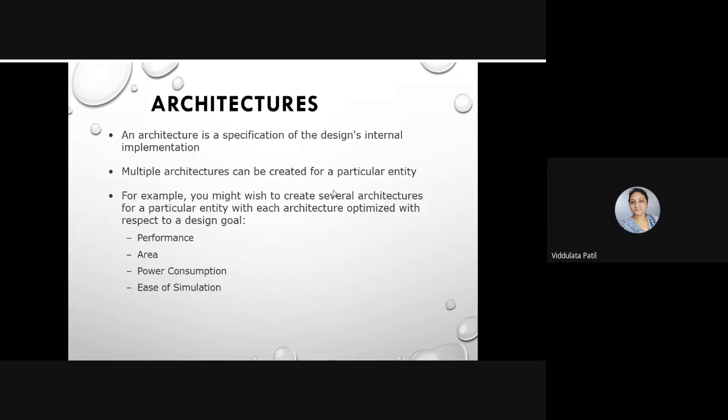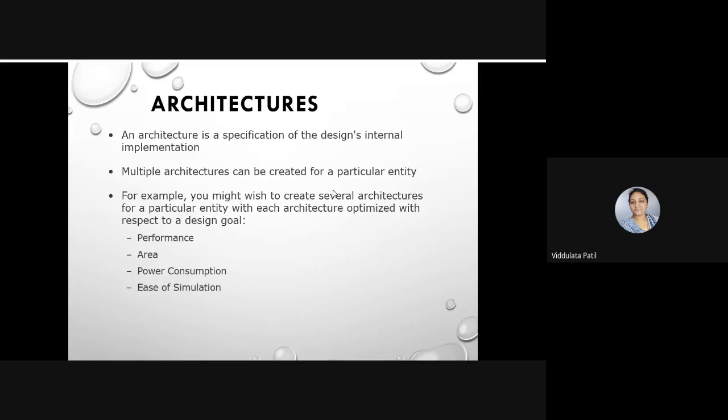So what is the internal structure, how we are going to use different gates, or what are the different components that we are going to use, what will be the behavior of each of the outputs, how it is going to be. That we are going to write in an architecture.